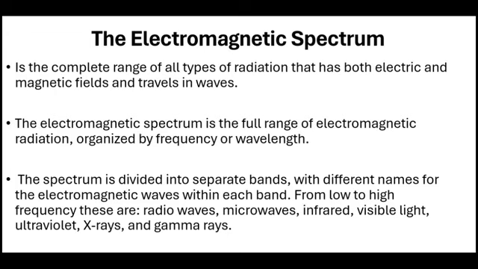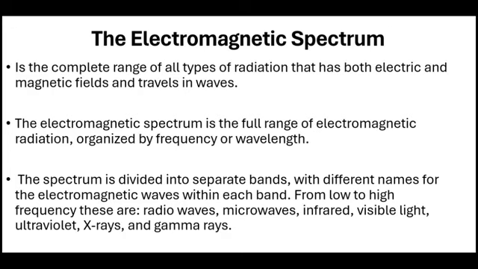The electromagnetic spectrum is the full range of electromagnetic radiation organized by frequency or wavelength. The spectrum is divided into separate bands with different names for the electromagnetic waves within each band, from low to high frequency.